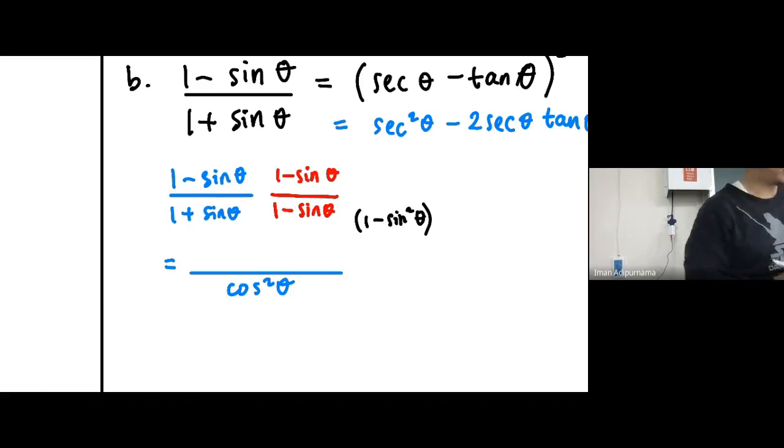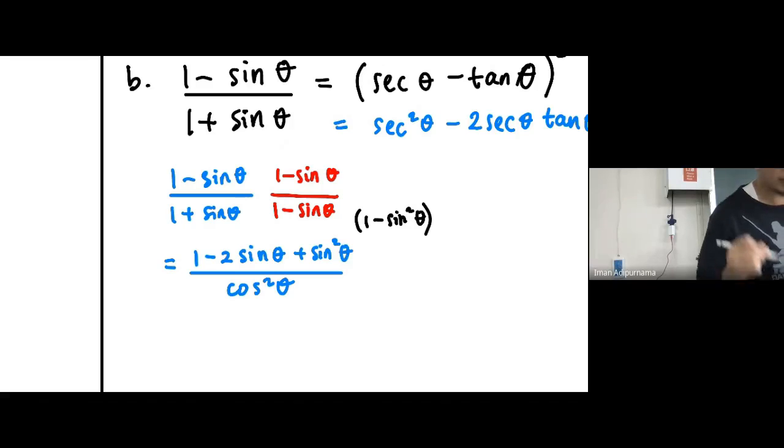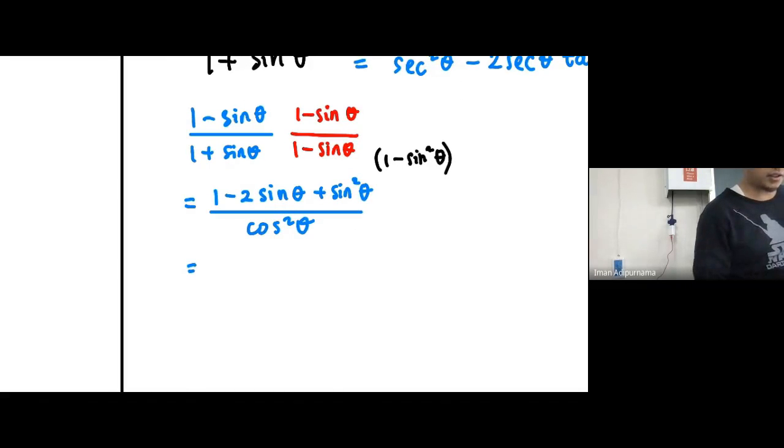Okay, and the top one is a quadratic function. So 1 minus 2 sine theta plus sine squared theta. And then let's solve 1 over cos and separate all of them. 1 over cos squared becomes secant squared.